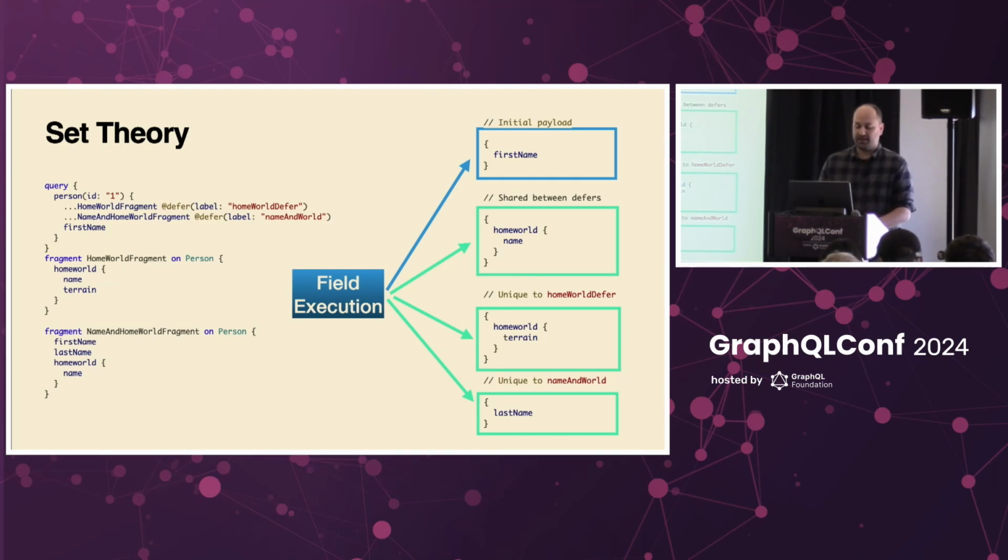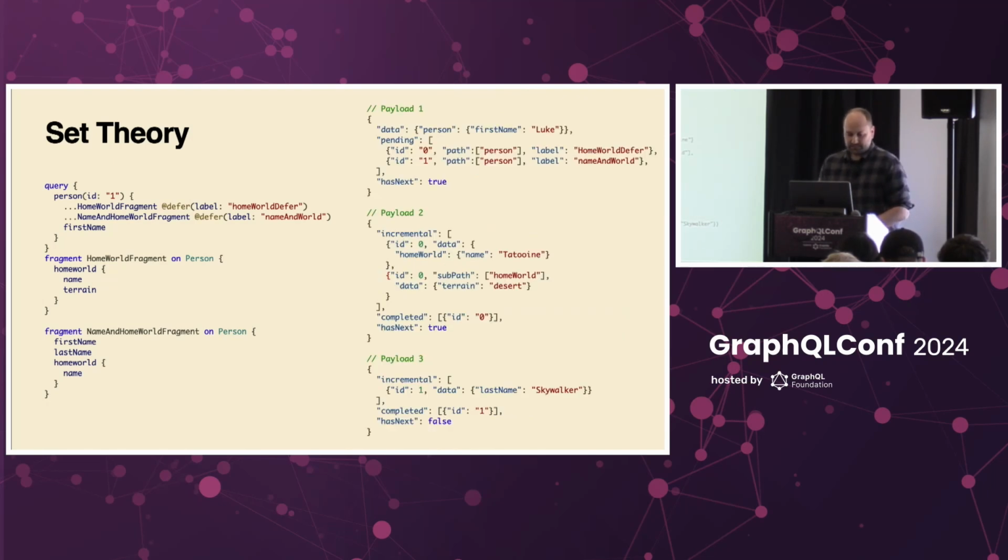And then we'll set up another group for every field based on what unique combination of defers the field is located in. So you have a group for the initial payload, a group for shared items between defers, and then you have groups for the fields that are only in a single defer.